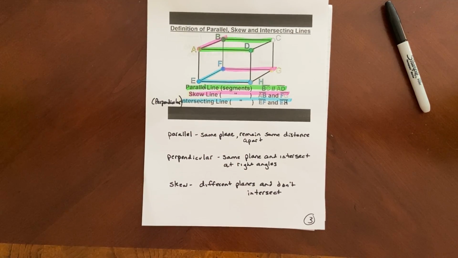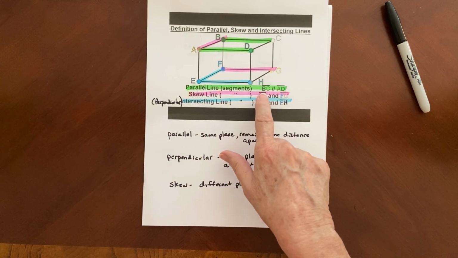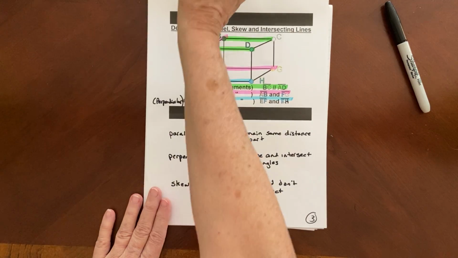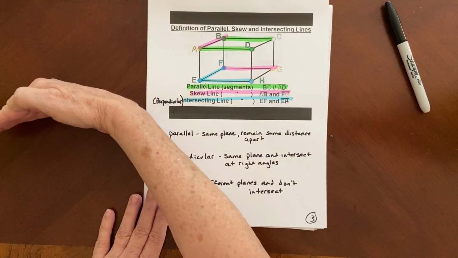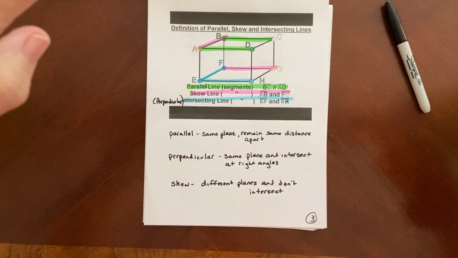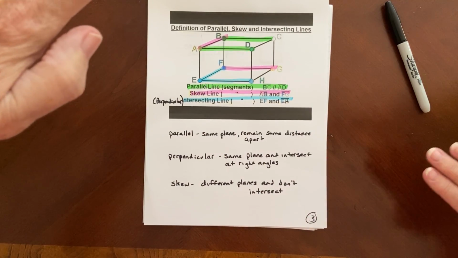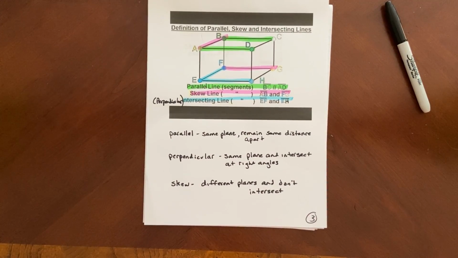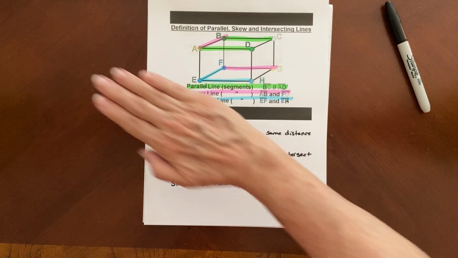Skew lines are in different planes and don't intersect. So skew lines are the pink ones. So AB is going that way and GH is going that way, and they're always on the top. So FG is going to go this way, AB is going to go that way, and they're never going to meet, are they?